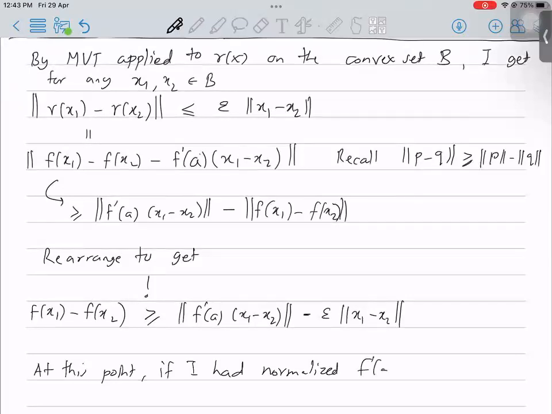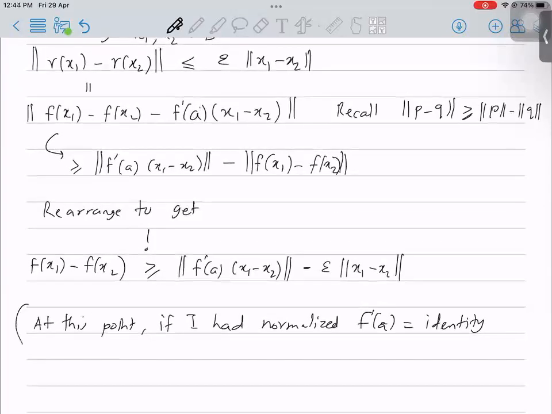At this point, if I had normalized f prime of a equal to identity, life would have been very nice. Why? So this is a remark, in parentheses. What would I have got?